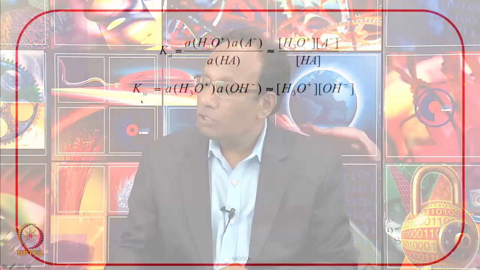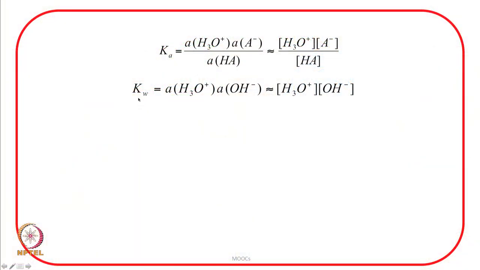Then let me write another equation for the autoprotolysis constant of water, that is Kw, which is also the activity of hydronium ion into the activity of hydroxide ion. Let me also assume that the activities can be replaced by the concentrations, assuming that there is a lot of water.